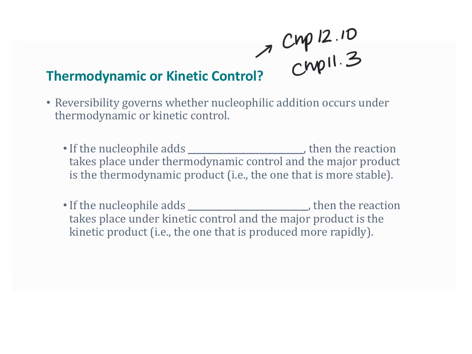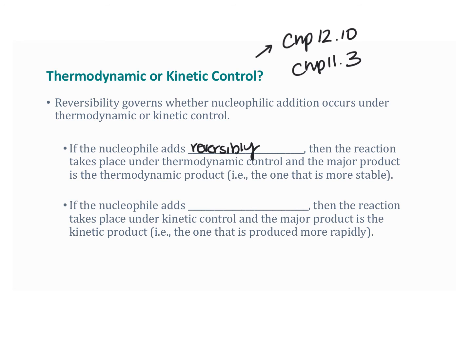So if you want to dust off your brain cells, it's been a minute since you've looked at that information, particularly chapter 11, that was last semester. You might want to go back and review it. But I just want you to know, if a nucleophile adds reversibly, then the reaction takes place under thermodynamic control, and the major product is the thermodynamic product, the one that's more stable.